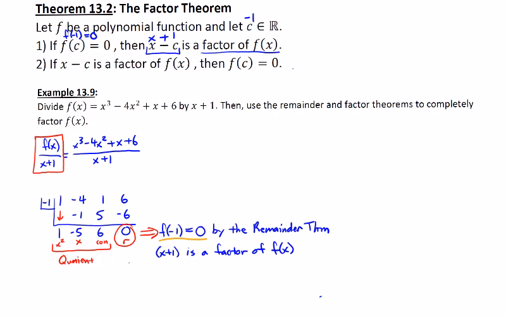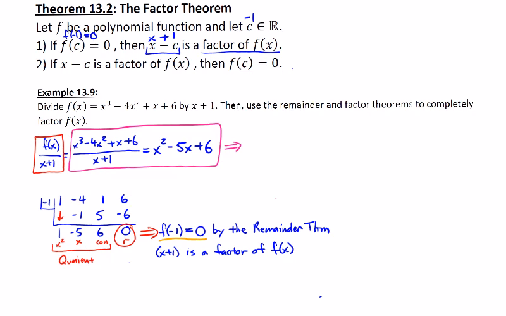And it's even bigger than that. So take a look. If I perform the division, which we've already done, and I write out the answer to the division problem, it is going to end up being x squared minus 5x plus 6. And I don't have to include anything else because the remainder is 0. So look at this statement right here. We have this interesting statement. And then if I was to multiply both sides of that statement by x plus 1, then I would end up with the following statement.